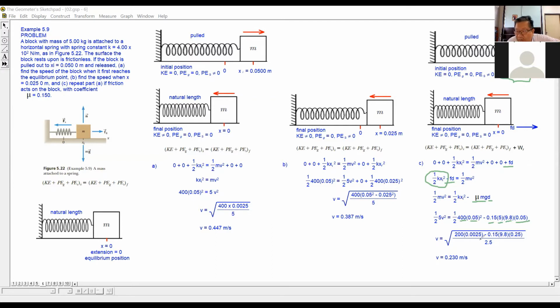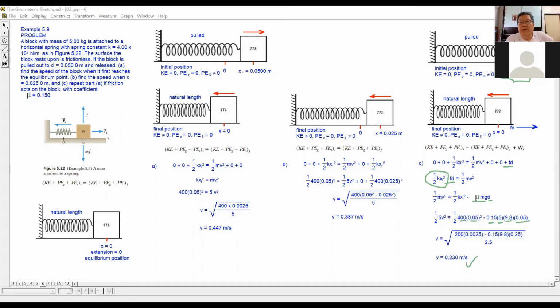Taking the square root of these numbers, we have v equals 0.23 meters. Any question? No question, sir.